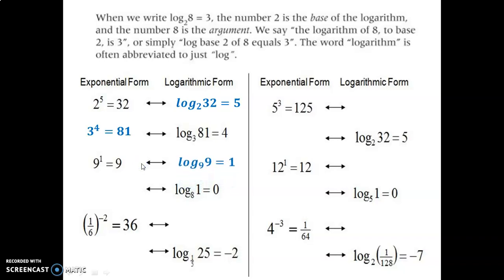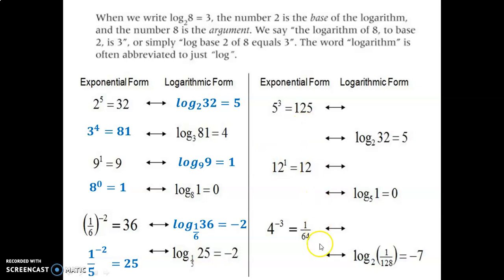Log base 9 of 9 equals 1. And this one, 8 to the 0 power equals 1. How about this one? Log base 1/6 of 36 equals the exponent, which is -2. All right, and the last one we have here.